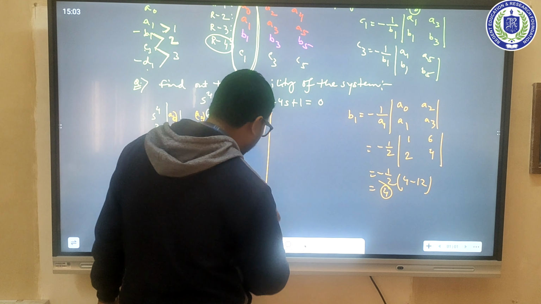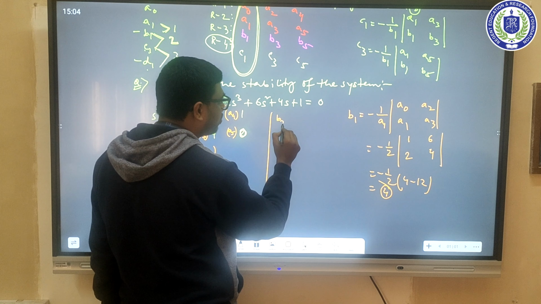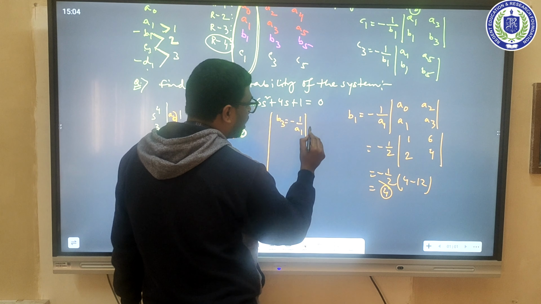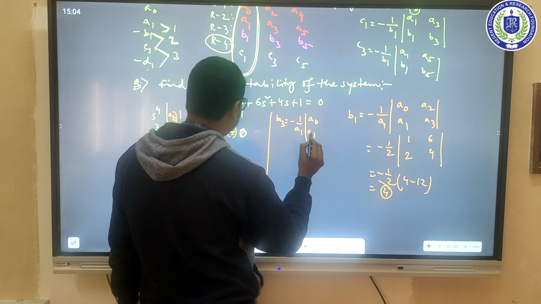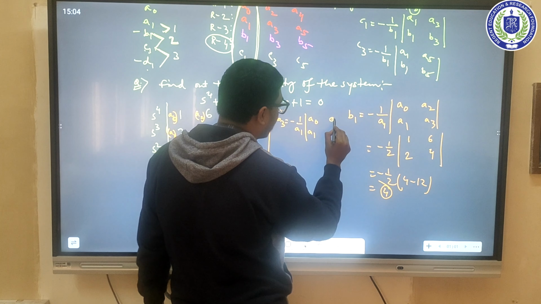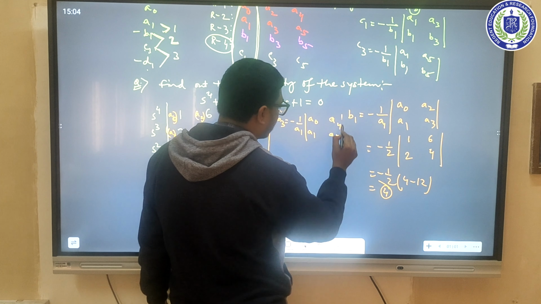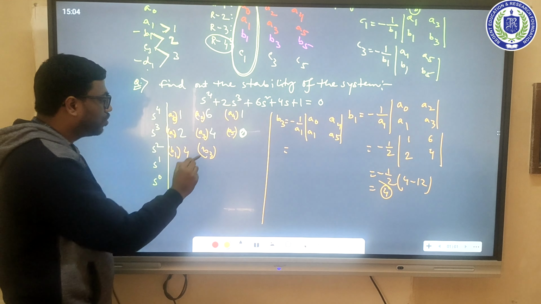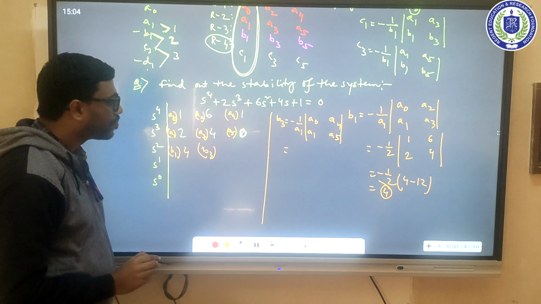Now B3 is what? So these are rough portions. B3 is equal to minus 1 by A1, the determinant of A0, A1, A4, A5. My target is to fulfill this first column anyhow. We will not bother about these other elements.